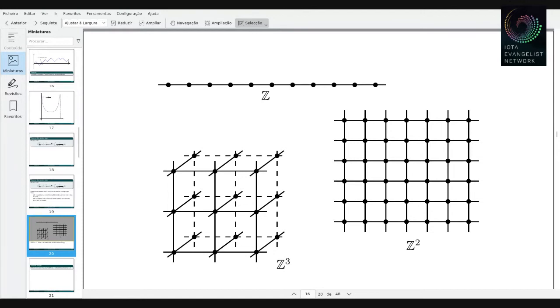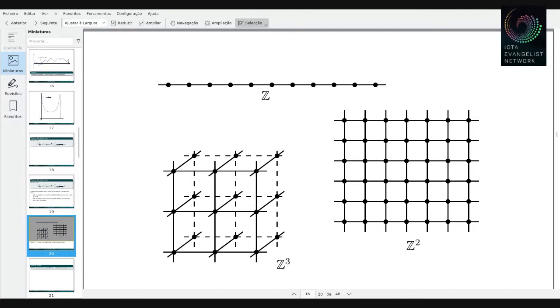So if I start from here, then I will go there, but then return, then go there, then return again, and so on. In dimension 2, maybe I will do the same, maybe not. In dimension 3, it's also a good question. If I start from here and start walking, will I surely return to this point or not? It's a natural question to ask.